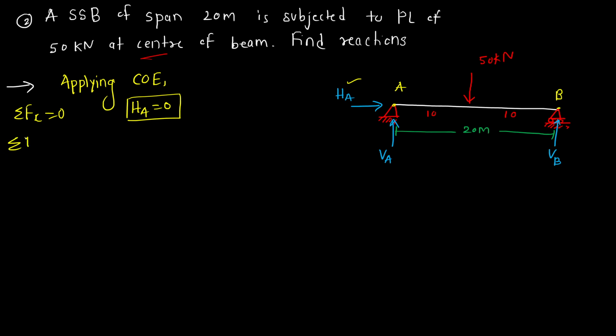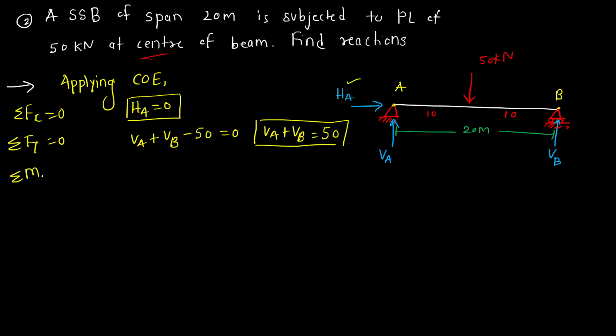Second condition, sigma Fy is equal to 0. That means VA plus VB minus 50 is equal to 0. So VA plus VB is equal to 50. Third condition is sigma MA is equal to 0.